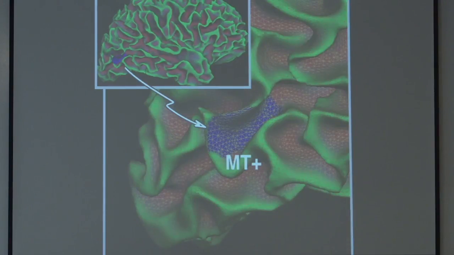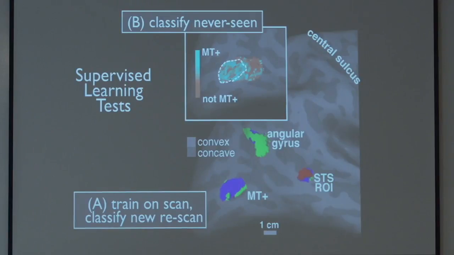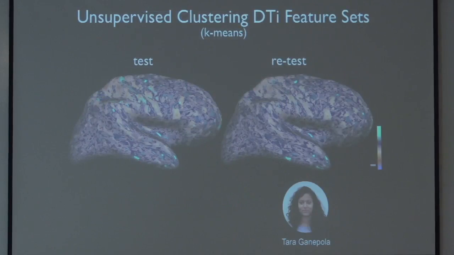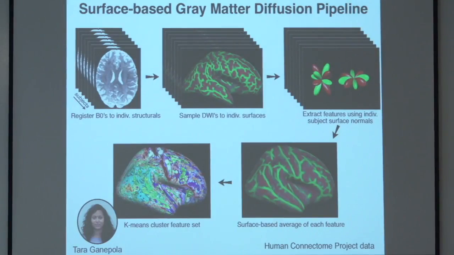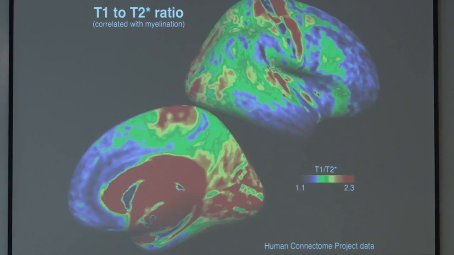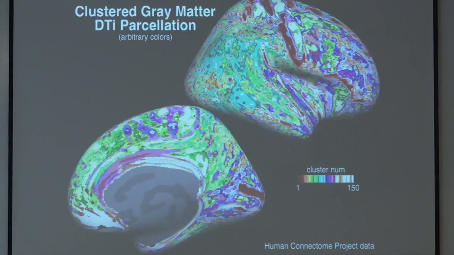And you can use it to train and recognize areas on a test-retest, or you can do unsupervised learning on this. So just try a completely unconstrained k-means clustering of some of the diffusion data. If you look at the T1 data and compare that to k-means clustered diffusion data, you can see there's more information in there.